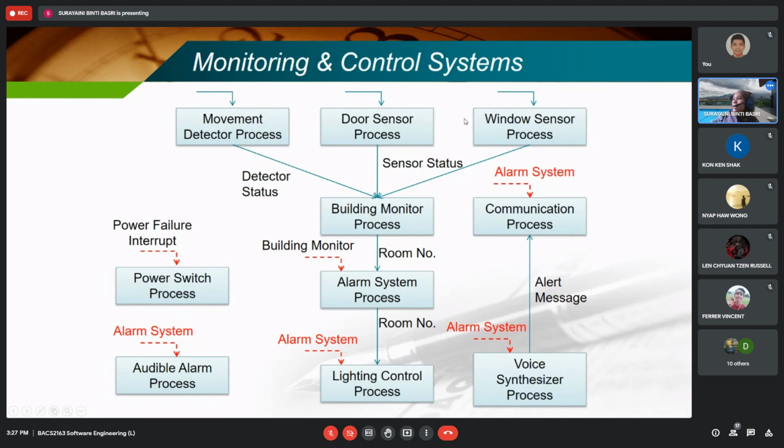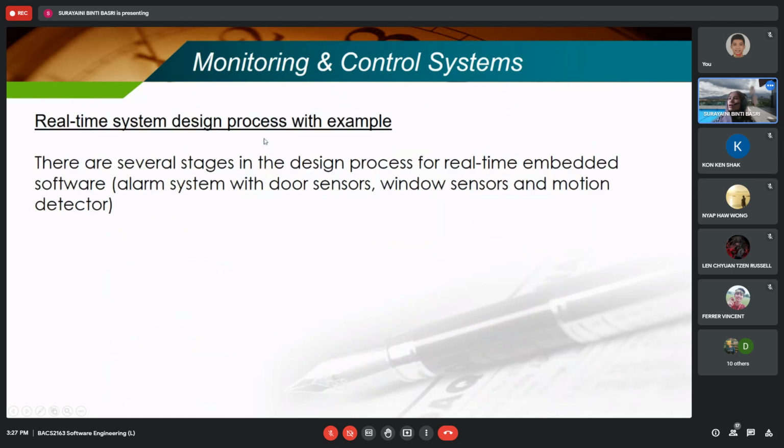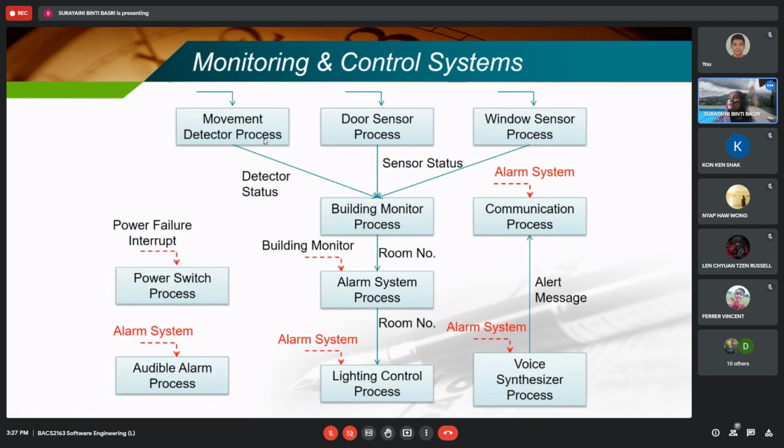The movement detector process: in this process, it will always be detecting movement if there is any, so there is a sensor to detect movement. The door sensor process is ongoing, and it will give a trigger when the door is open or closed.